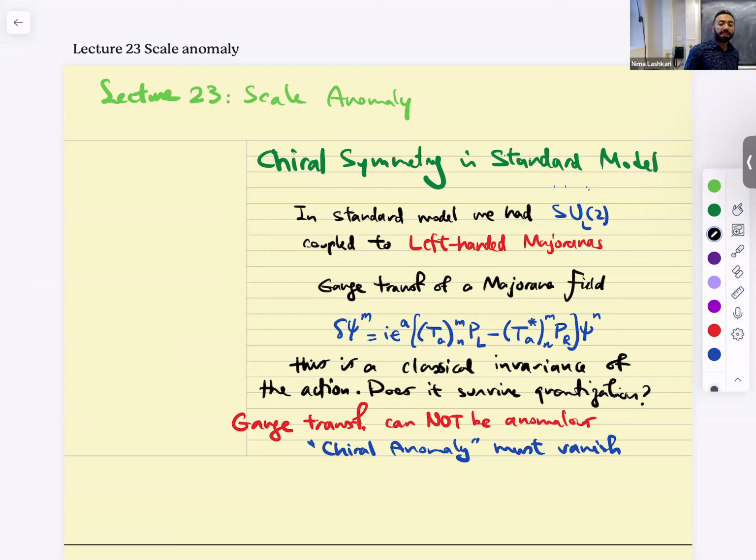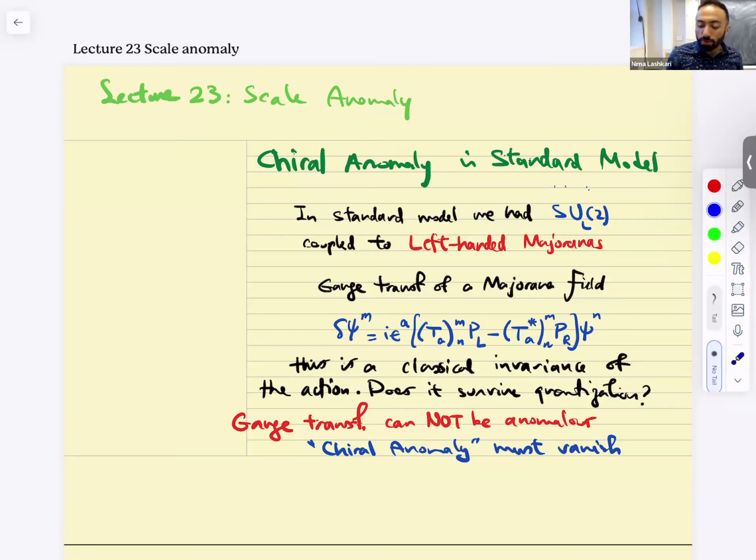So chiral symmetry in the standard model was the discussion of the last week. Let me say chiral anomaly or absence thereof, right? Okay, so what was anomaly?